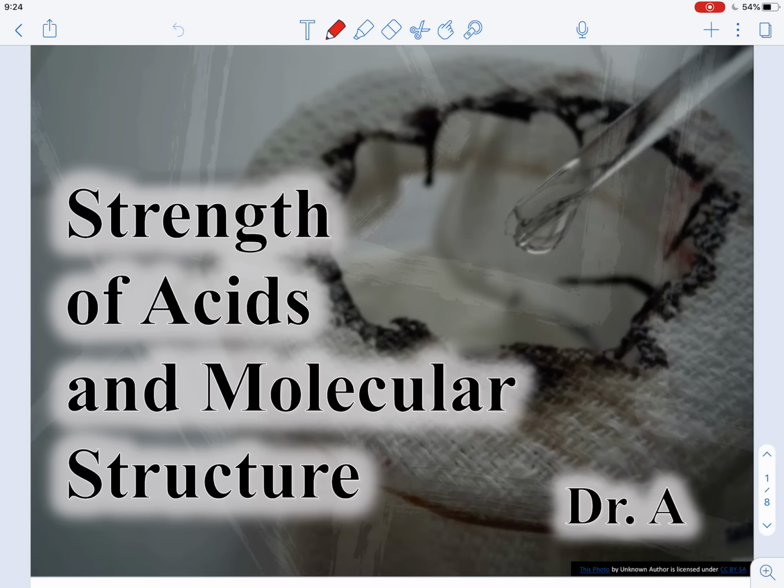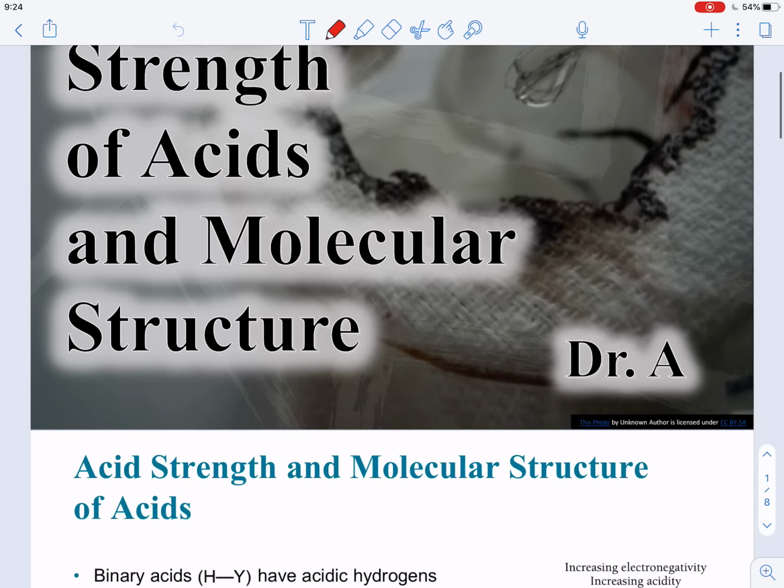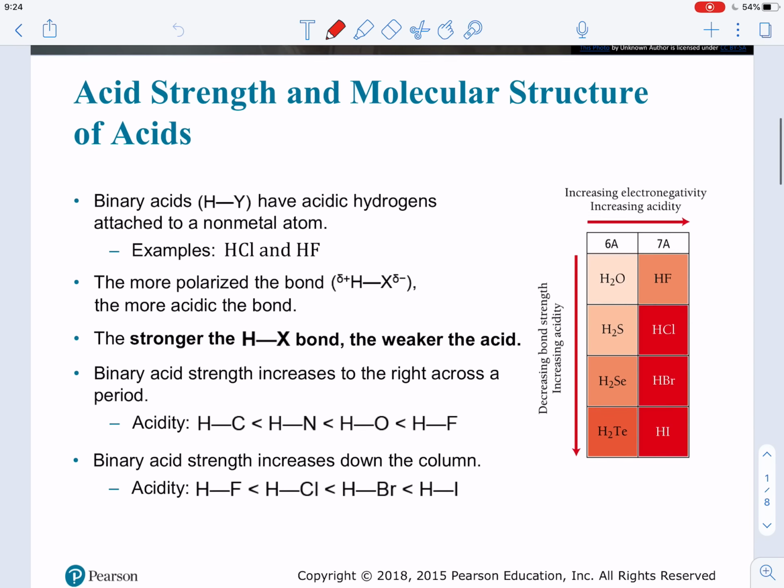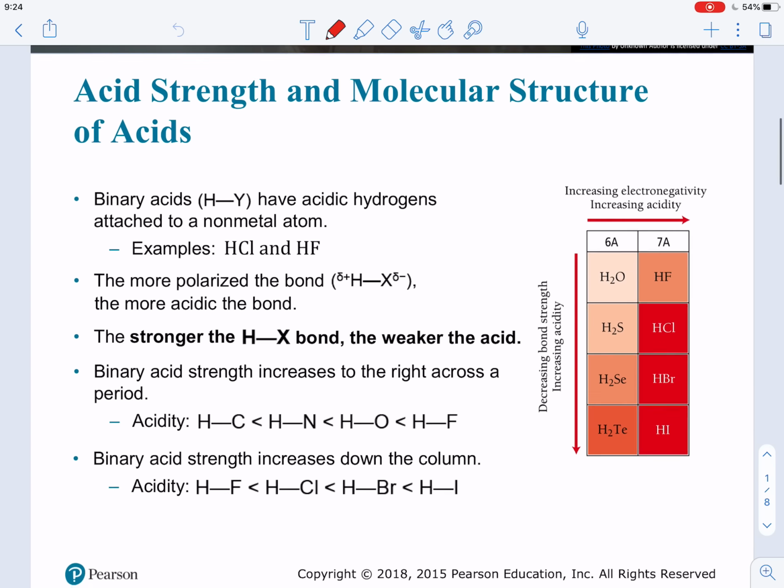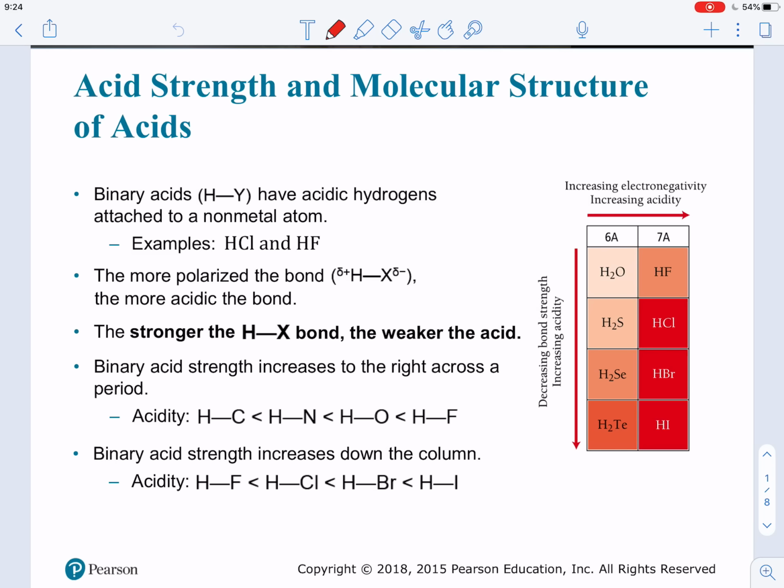We're going to take a look at the molecular structure of some acids, and then try to understand what makes this particular acid stronger than another. So the acids can be pretty much of three types. We have the binary acids, those are the common ones, also referred to as mineral acids.